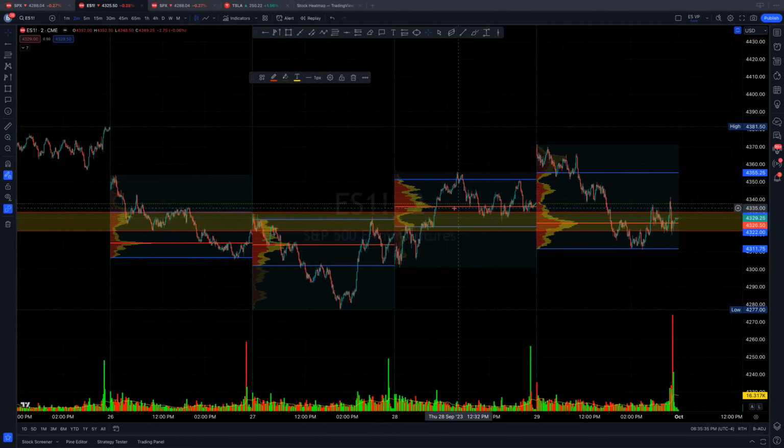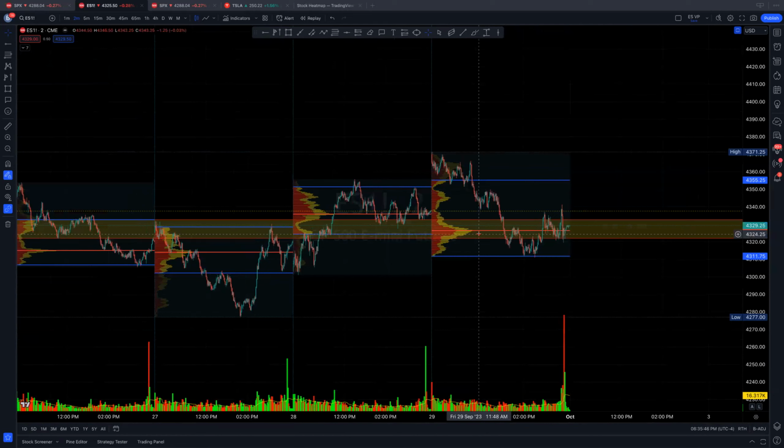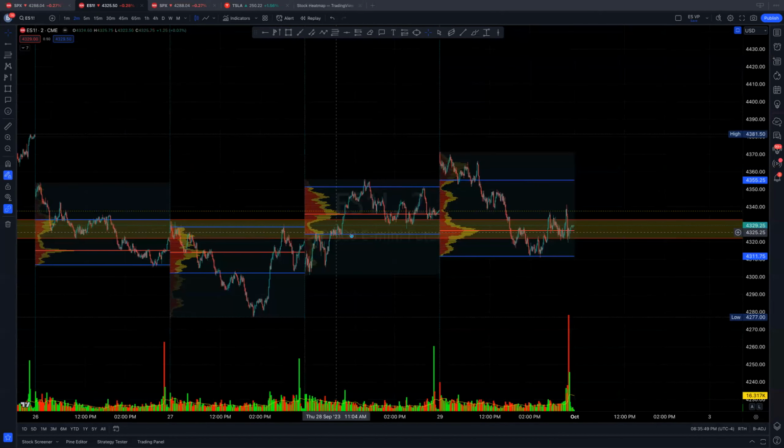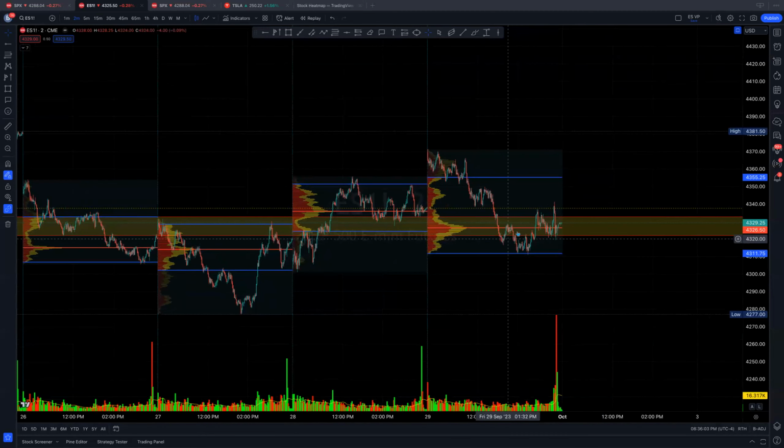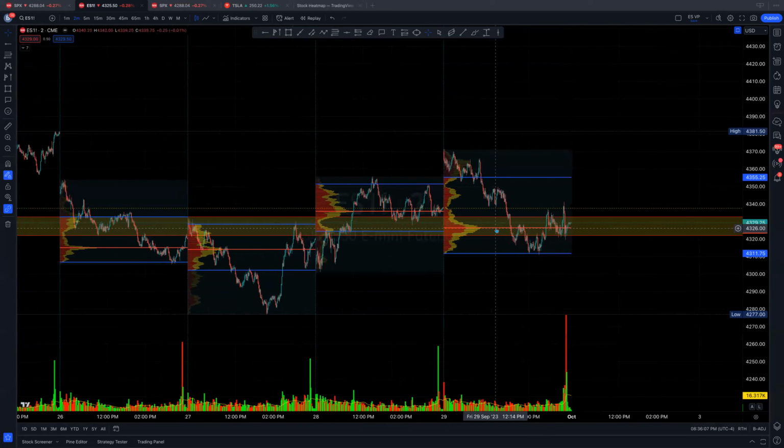But then value shifted higher, and we had some trading here, but this was all basically the edge of value areas. And then finally on day 4, Friday, this is where we closed at the point of control, the area where we saw the most trading happen. You can see it in the price action. The volume on Friday was pretty high.